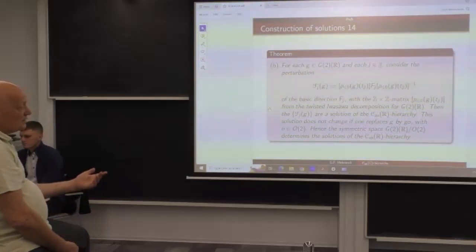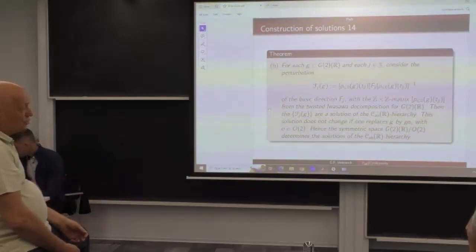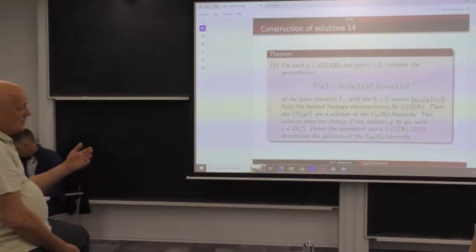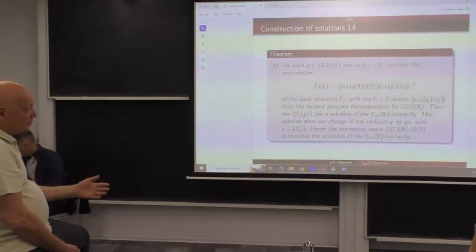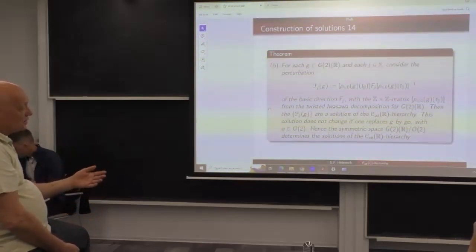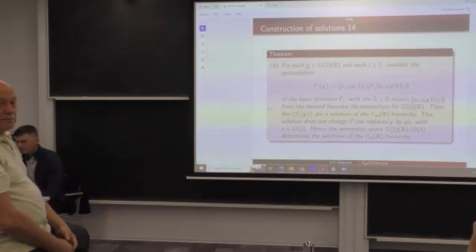So in the case of KP, you got the Grassmannian. In the case of discrete KP, you get a flag variety, and in this case, you get a symmetric space.